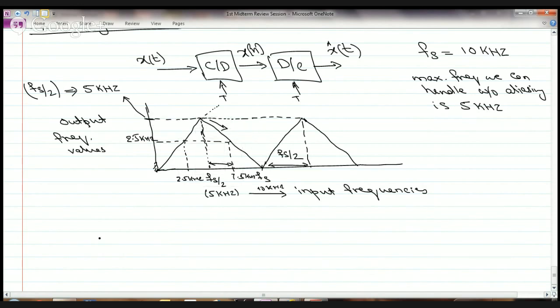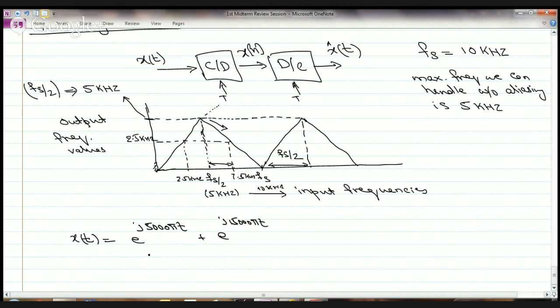Okay? So if you had, for example, let's say I had x of t equal to e to the j 5,000 pi t. So I had a 2.5 kilohertz frequency plus e to the j, let's say, 15,000 pi t.